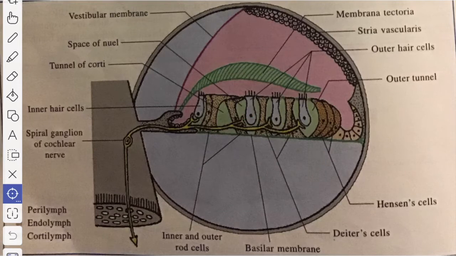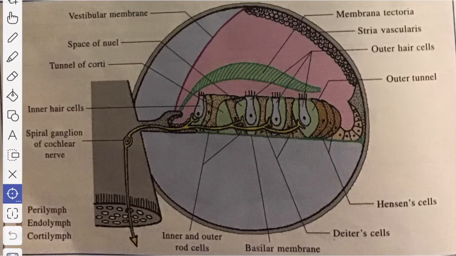Next we'll see about the outer hair cells. The outer hair cells are elongated, cylindrical in shape, and they are type 2 sensory cells, and they are about 12,000 to 20,000 in number, arranged in 3 rows in the basal coil, 4 rows in the middle coil, and 5 rows in the apical coil.